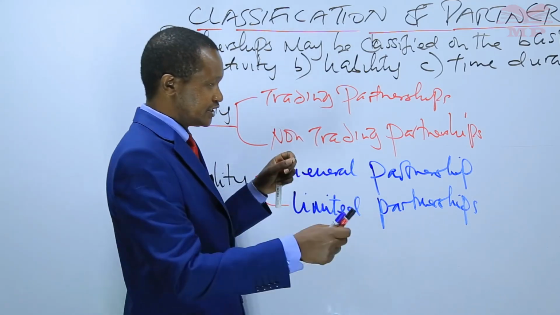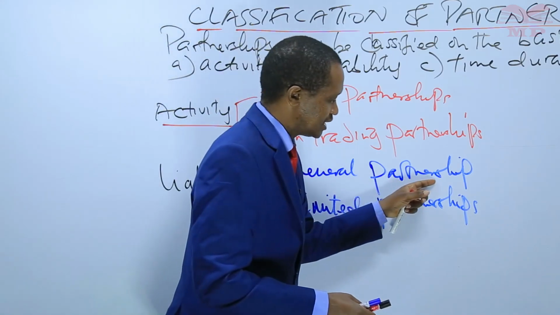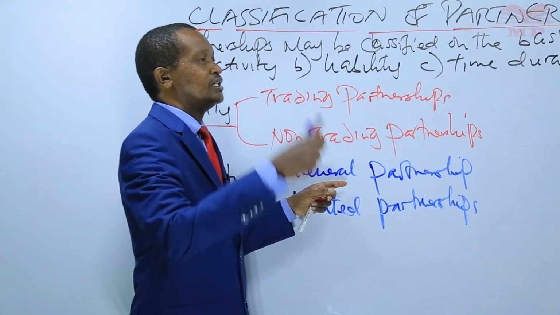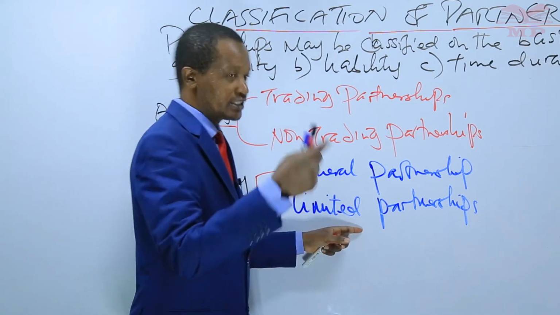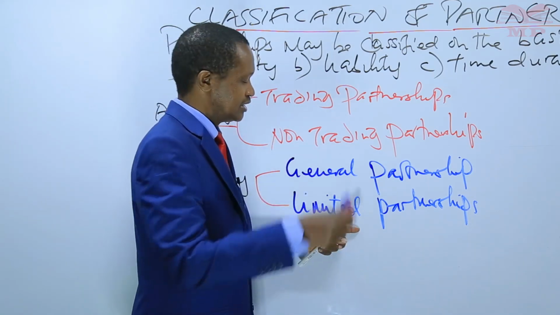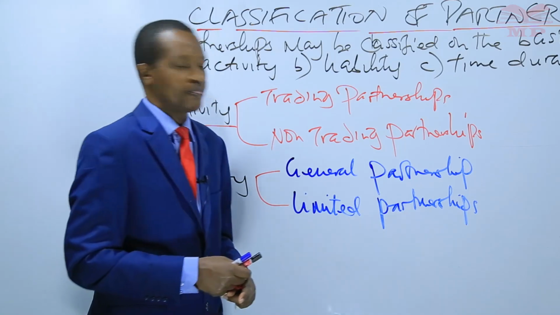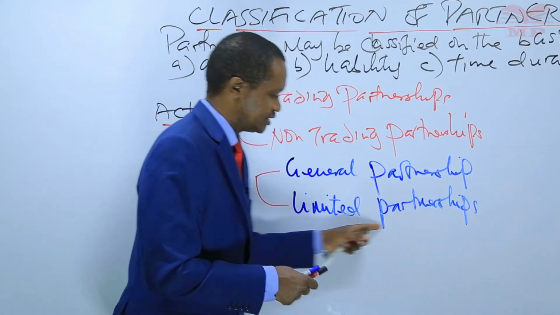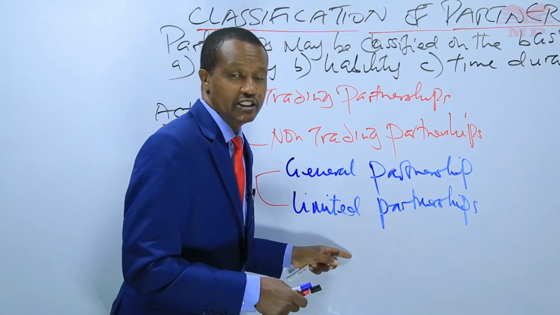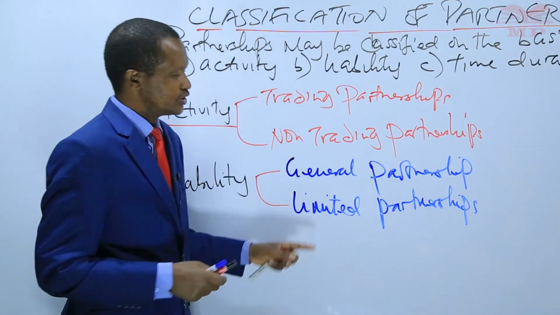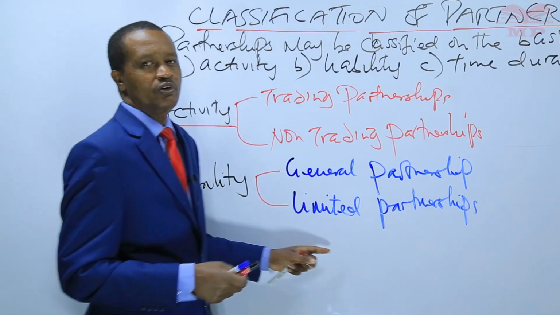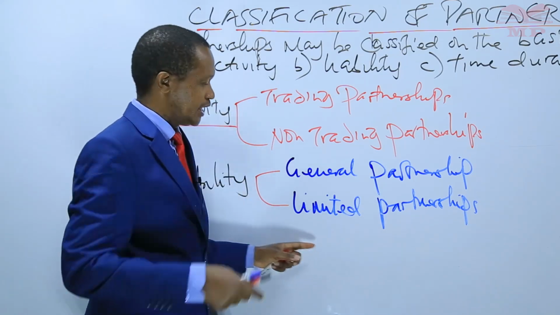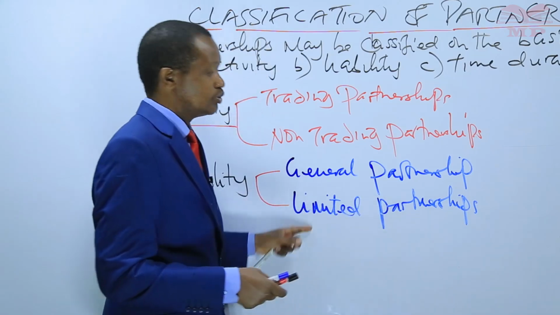So the difference is that under general partnership, all the partners' liability is unlimited, while under limited partnership, some of the partners' liability is limited. Now, there are certain conditions that must be fulfilled for a limited partnership to be formed.